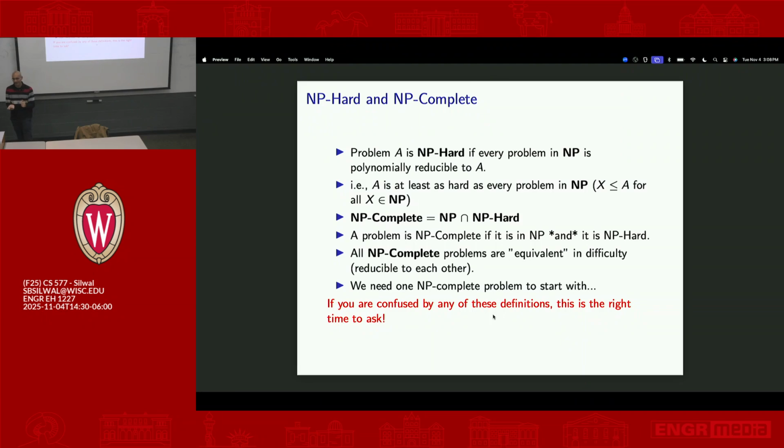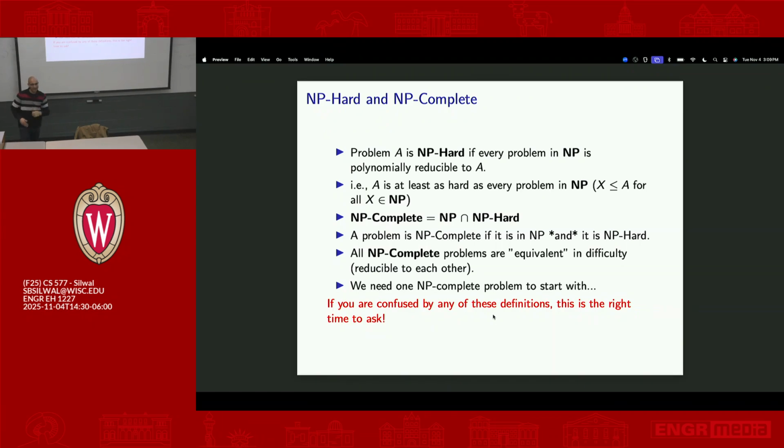I'm just telling you, NP complete is a set of problems where if I could solve any one of these problems, I could solve every other problem in NP. And there may not be any such problems, so as far as this goes the set could be empty, but it turns out it's not. But at least, does the definition make sense? If it doesn't make sense, this is a good time to ask.